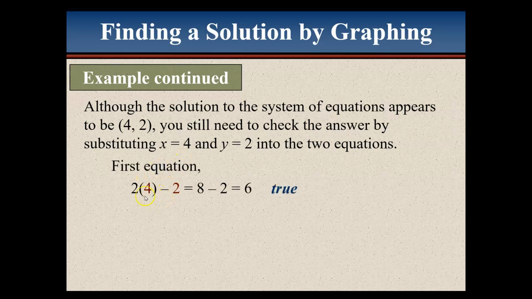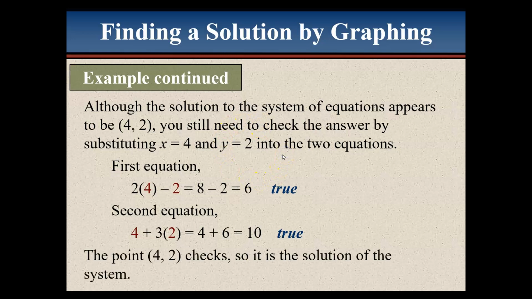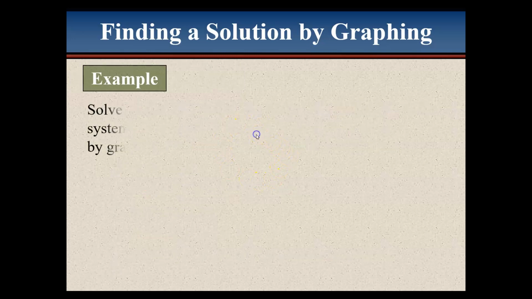The first equation, 4 times 2 is 8, minus 2 is equal to 6, and that was true for the first equation. The second equation, we have 4 plus 3 times 2, so we have 4 plus 6, so that's equal to 10, and that is true for the second equation. So the point (4, 2) is the solution for this. We are also going to use the calculator to do this a little bit later. So it works out as a solution.